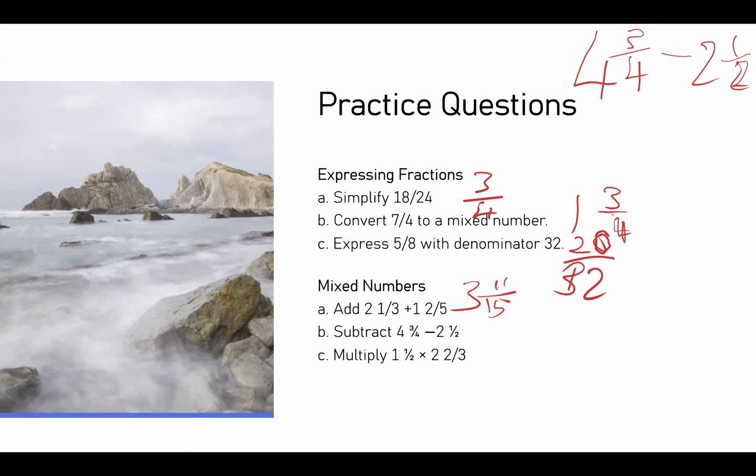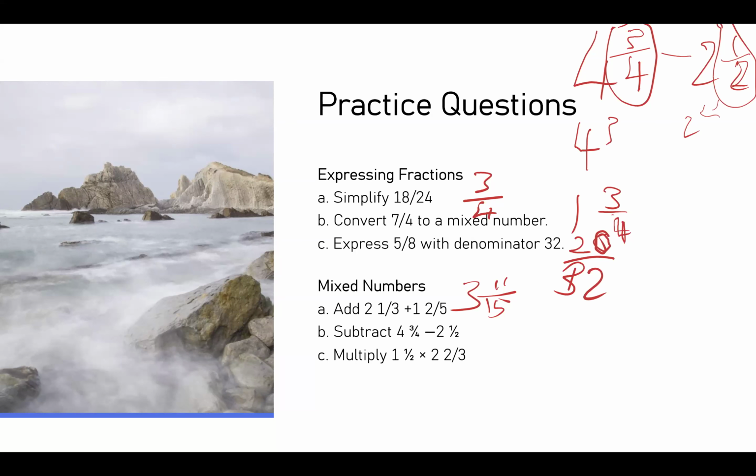We can make this denominator and this denominator equal. The highest common factor of 2 and 4 is again 2. So we would multiply this whole by 2 to get them all equal.